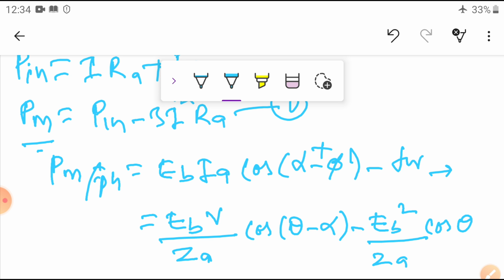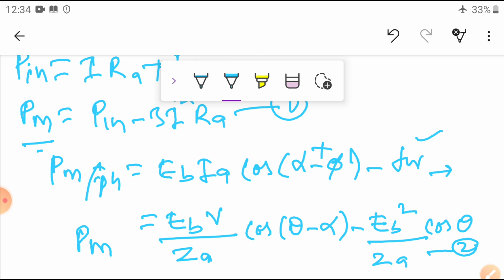We derived this in previous classes. So PM can be written in simplified form or in elaborate form: Eb V by Zs cos(theta minus alpha) minus Eb squared by Zs cos theta.